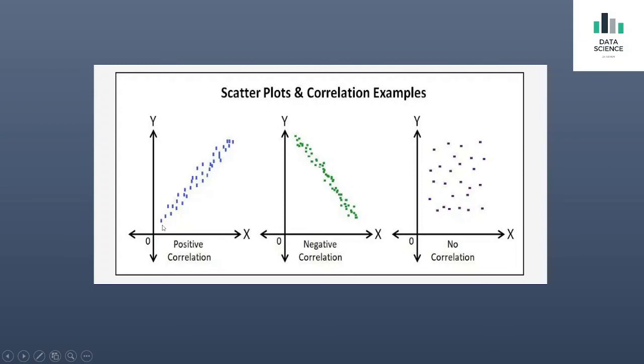So it is showing that it is a positive correlation. Here, when x is increasing, y will also increase. That is why it is a positive correlation. Here, x is increasing and y is decreasing. So it is a negative correlation. See, x is increasing, y is decreasing. So it is a negative correlation.